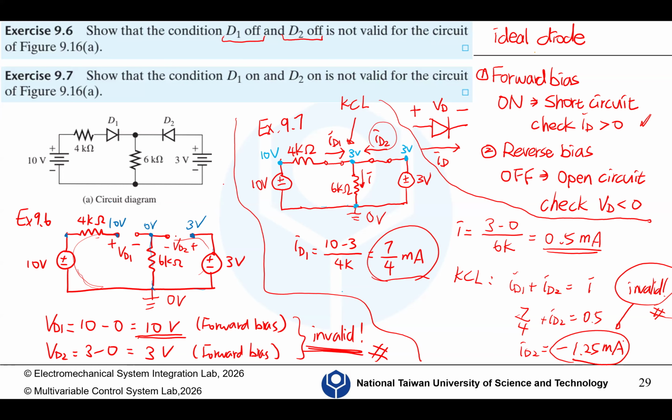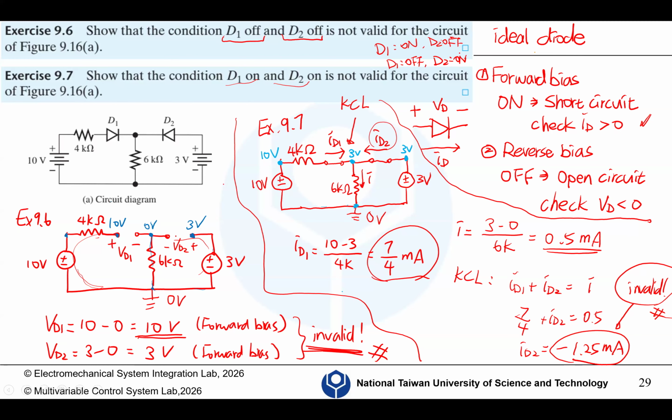So if you want to know which diode is on, you can try D1 off, D2 off; D1 on, D2 on; D1 on, D2 off; or D1 off, D2 on.